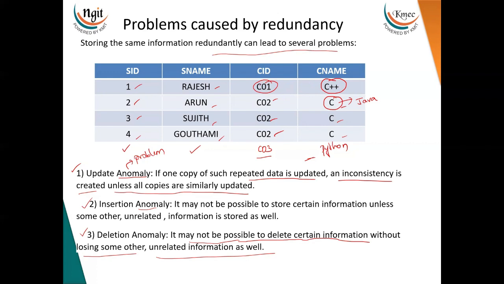So when this sort of information is to be deleted from the table, it is only possible when the unrelated information is also deleted. So that is what is given here. It may not be possible to delete certain information. That is, this C01 and C++ may not be deleted without losing some other unrelated information as well, SID1 and SName Rajesh as well. So if these values are also deleted, then only are we able to delete the course ID and course name from the table. So this is the problem we are facing with the deletion anomaly.